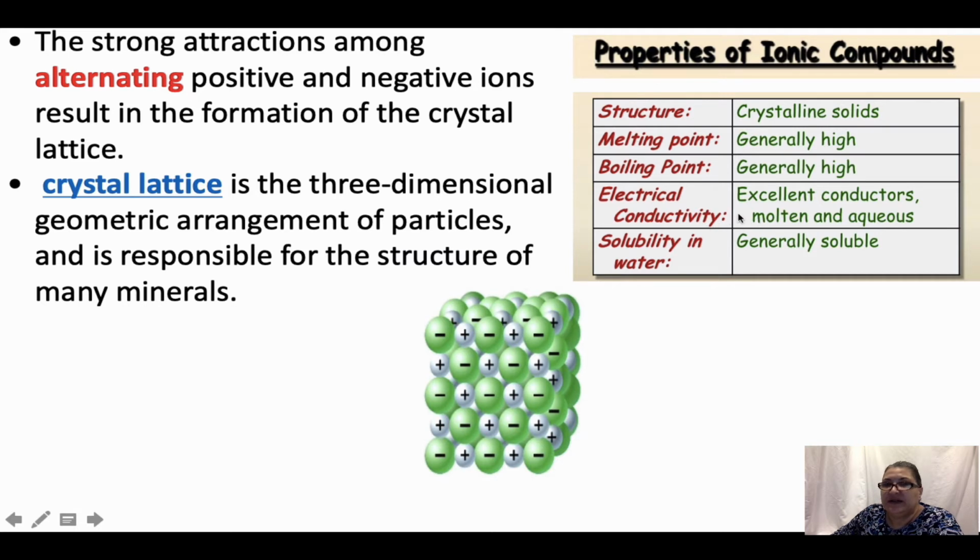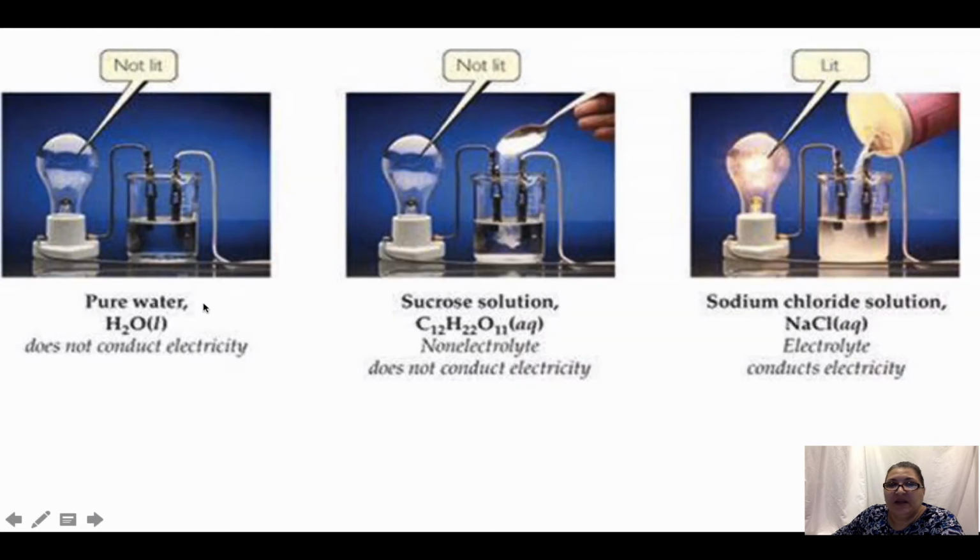It also conducts, because of all the ions held together, all the charges, and it's soluble in water. Usually I do a demo in class where we have water, sugar, and table salt or sodium chloride.